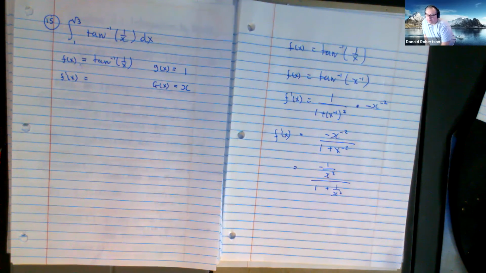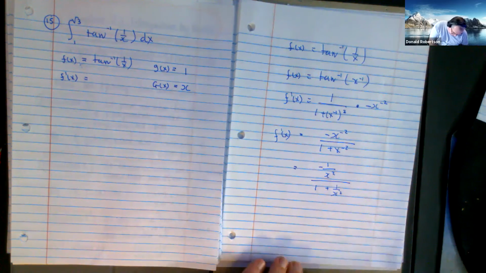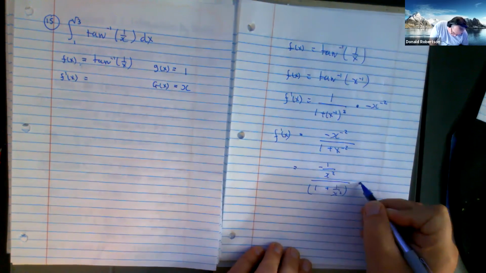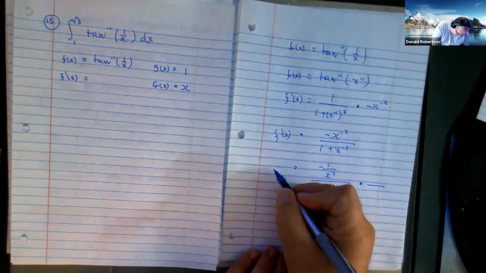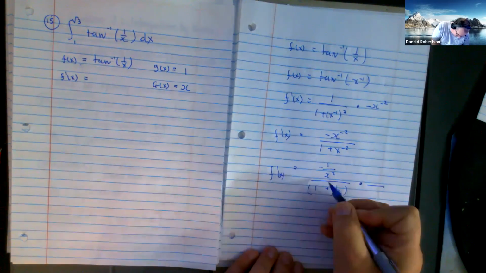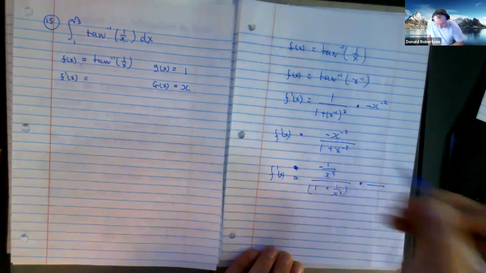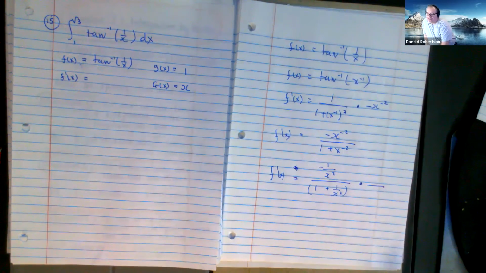Oh, you might think, well, God, you've made it worse looking, not better. Do you know there's a trick you can use with fractions? Especially fractions that have fractions in them, by multiplying by a special version of 1. You agree?